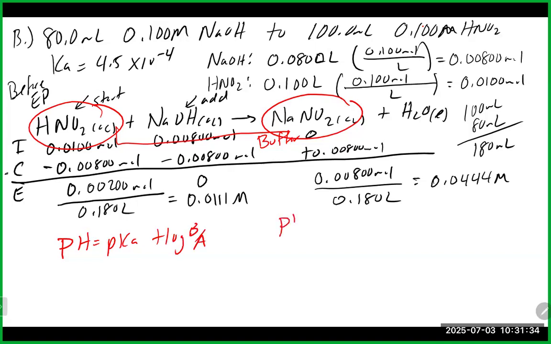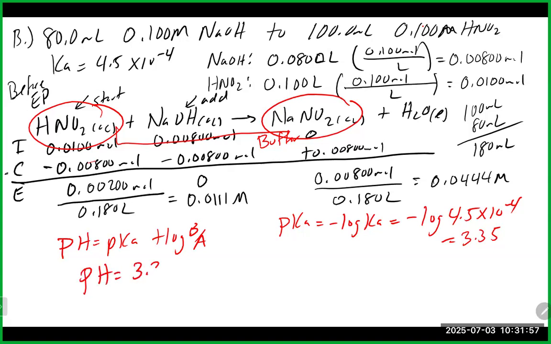We will need the pKa value, which is minus the log of the Ka, and that is minus the log of 4.5 times 10 to the minus 4. That's going to get us here 3.35 as our pKa value. So our pH would be 3.35 plus the log. Once again, the less hydrogens is the guy with the spectator ion, like a sodium, is our base.